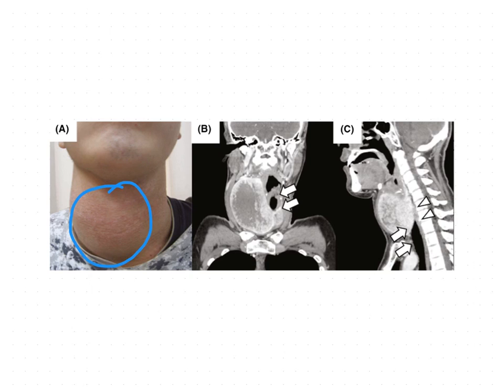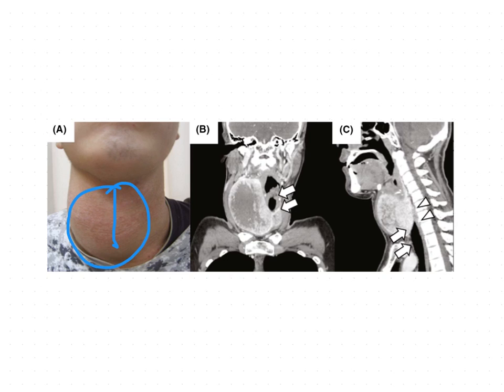Here we can see one of the pathological enlargements, the thyroid, especially the right lobe of the thyroid is enlarged here. This is an adenomatous enlargement of the thyroid gland on the right side. These are two CT scan pictures: one is the coronal section, and this one is the sagittal section.